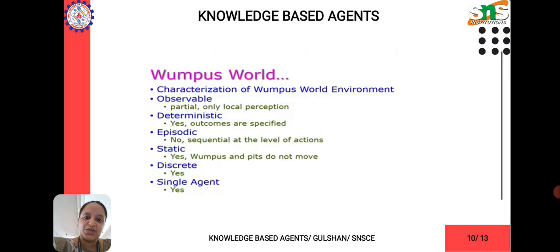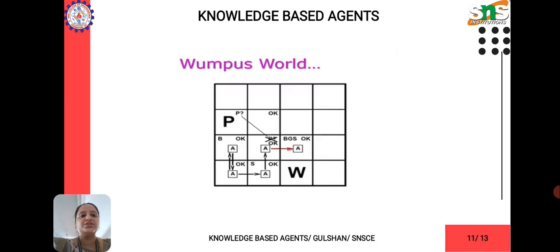In this Wumpus world, you can determine what the actual process is. Episodic means you will not have any episodic process; you will have a sequence at every level of action. Static is something which stays in the same state. Discrete is something which keeps changing. And the Wumpus world involves only a single agent.